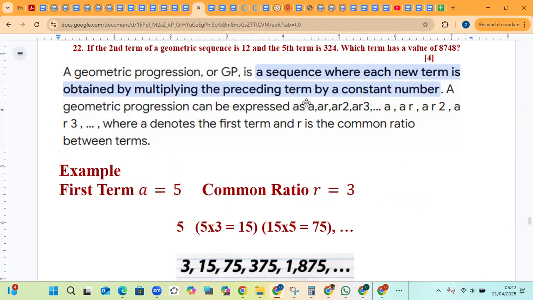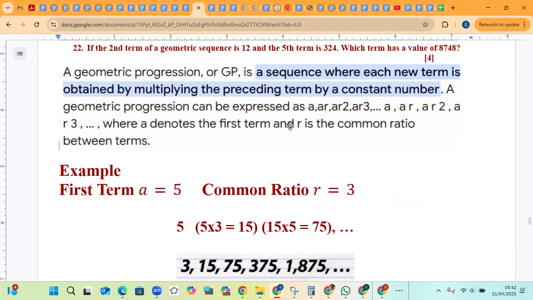A geometric progression can be expressed as a for the first term, and then you multiply a by r to give you the second term. You multiply by r again, that will be ar squared, ar cubed, etc. Here a denotes the first term and r is the common ratio. So an arithmetic sequence has a common difference, but a geometric sequence has a common ratio.